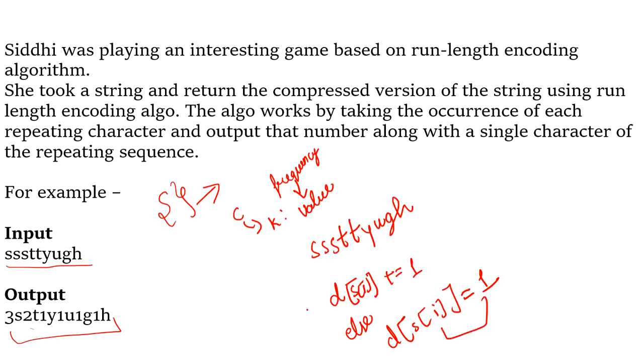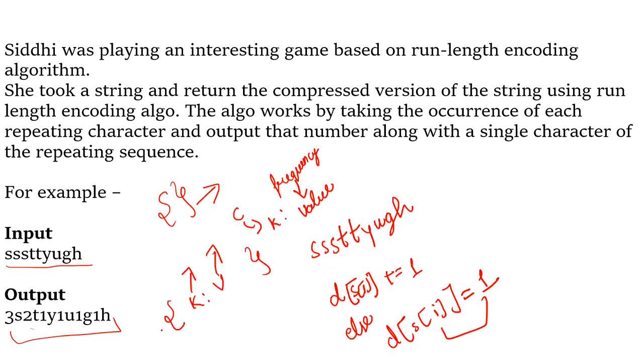After going through all the characters of the given string, we'll have a dictionary containing key-value pairs, where the key is the character and the value is the repetition or frequency of the character.